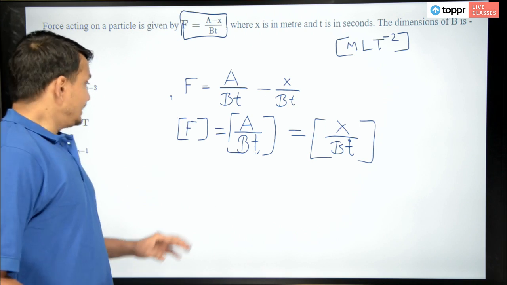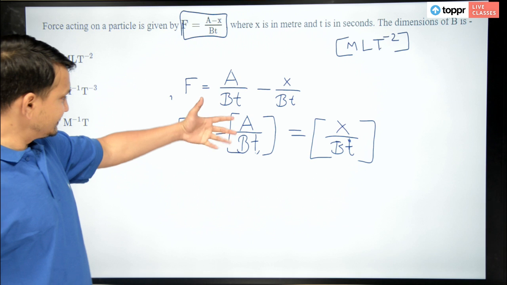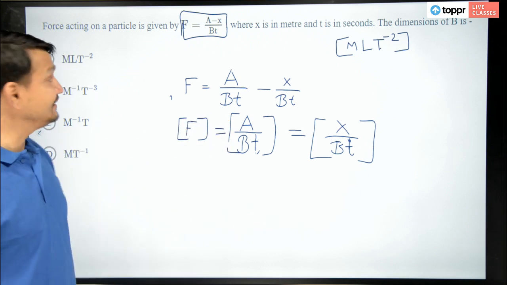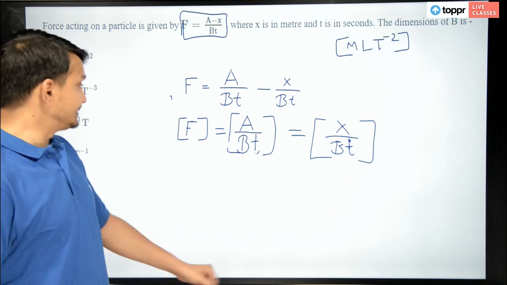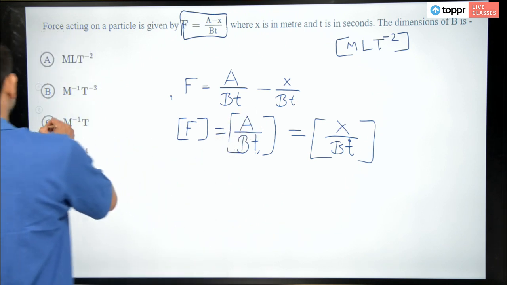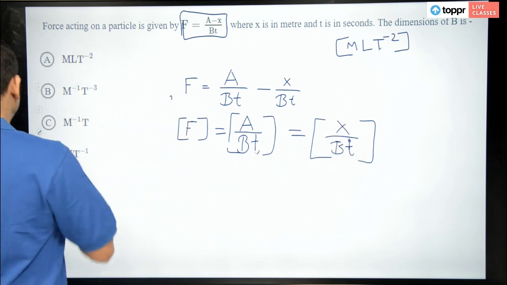Now if we consider this part, we can find some relation between F, A and B, but we don't have anything about A. We don't need it. So we can simply rub it out and concentrate on these two parts.